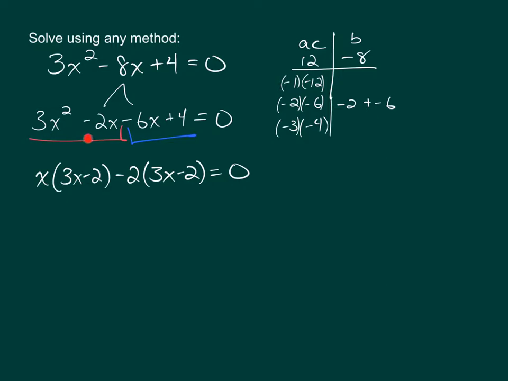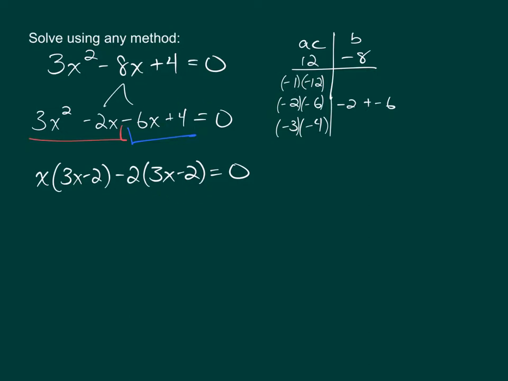So in this first pair of terms, I've common factored out an x, and I got 3x minus 2 left over. And I knew that I needed a 3x minus 2 over here if I wanted to factor it the right way. So then I just had to figure out what number times 3x will give me -6x, and that's -2. And just as a double check to make sure -2 works, -2 times -2 is +4.